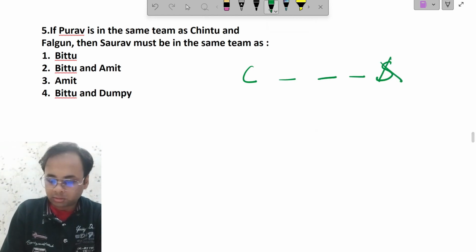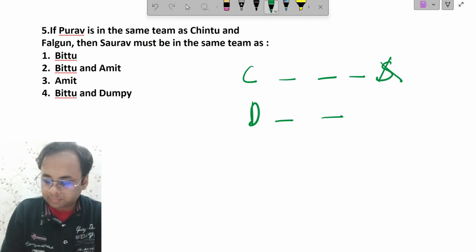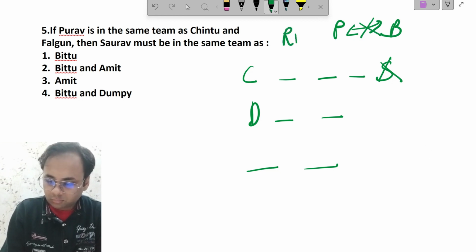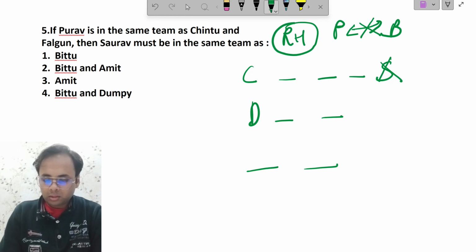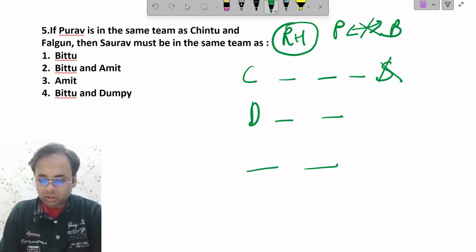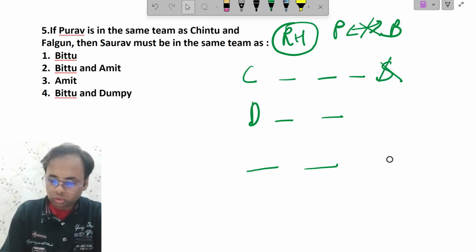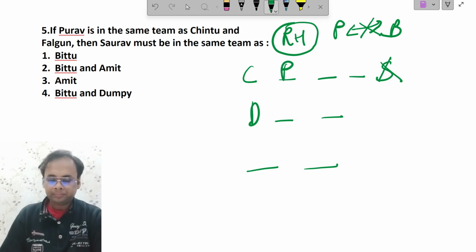Let me just mark the master equation once again. If Purav is in the same team as Chintu, so P comes over here.